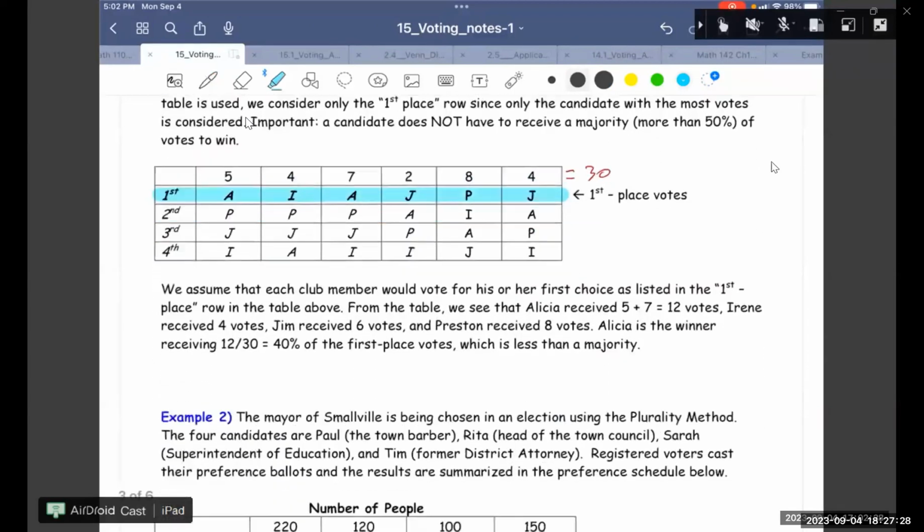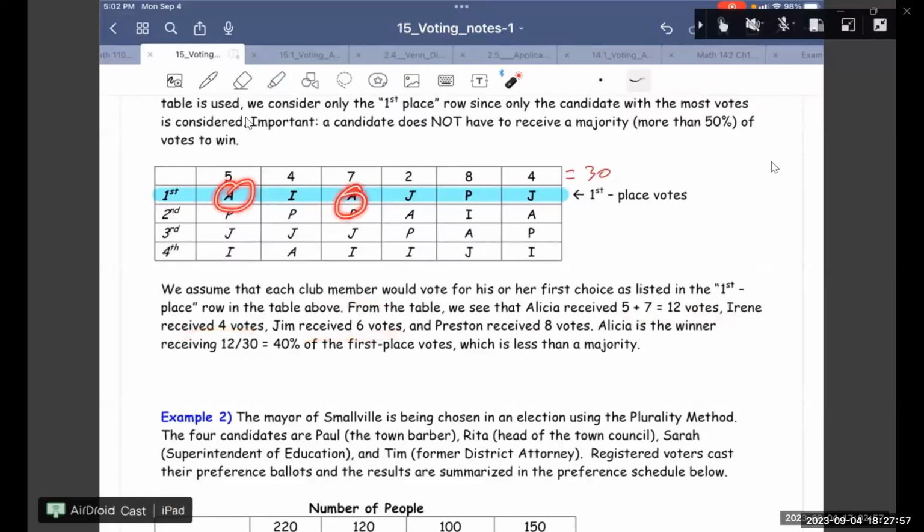We assume that each club member would vote for his or her first choice, the list of the first place row on the table above. So from the table, we see Alexa receives 5 plus 7, which is 12 voters. Irene receives 4 voters. Jim receives 6 voters.